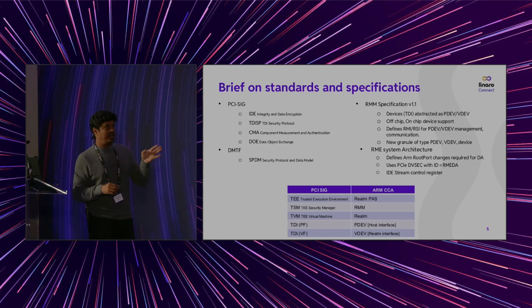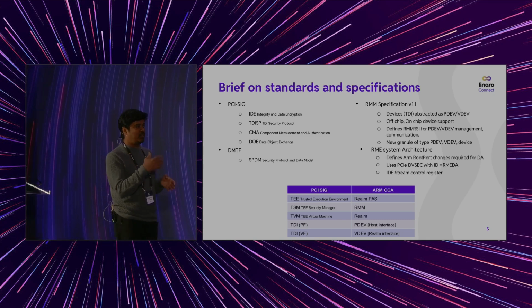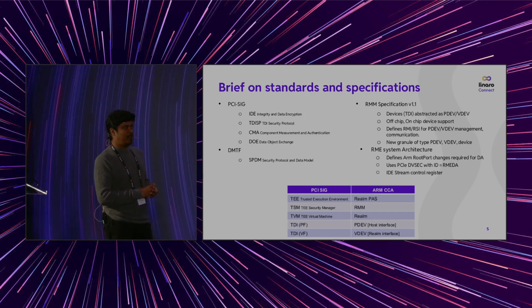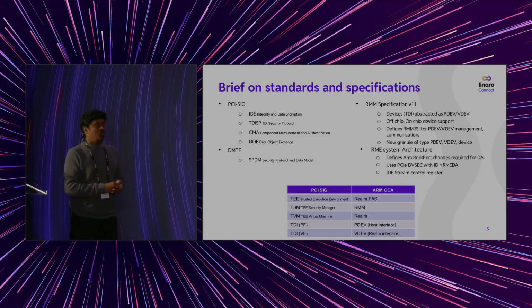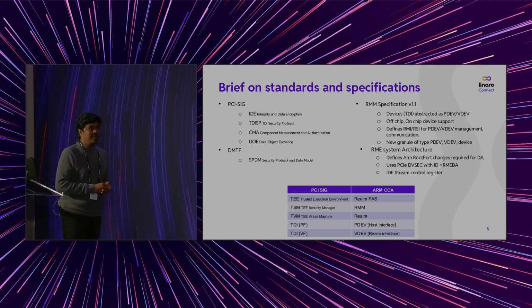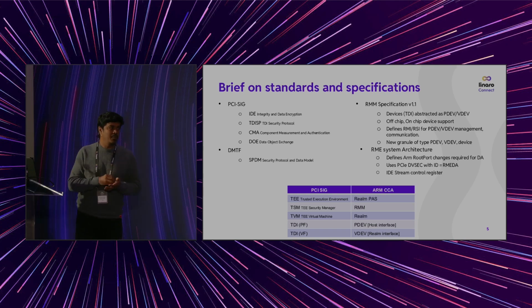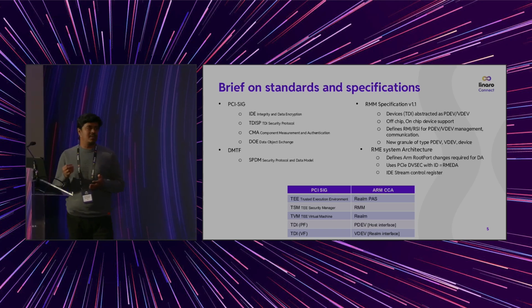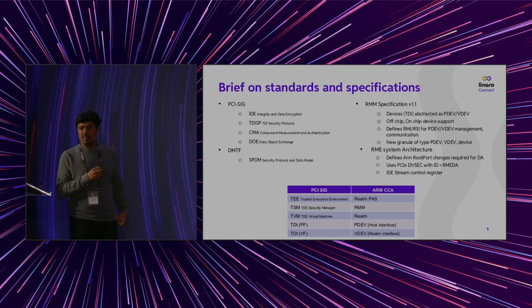There is a comparison between the PCI SIG terminology and what it means in ARM CCA. So this PDEV and VDEV abstraction helps us to attach any kind of device to a realm, as long as it meets the guidelines as mentioned by the standards.